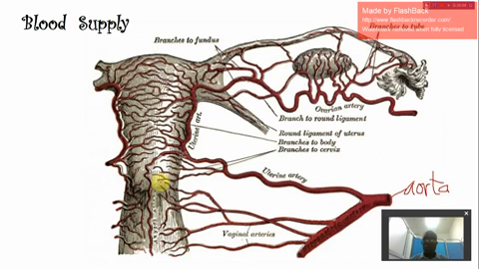This supplies blood to the vaginal canal, to the cervix, to the myometrium. Here is the myometrium, and to the endometrium. You can see the arcuate artery supplying blood to the endometrium, gradually to all parts of the uterus, to the fundus, to the fallopian tube here, and to the ovary here.